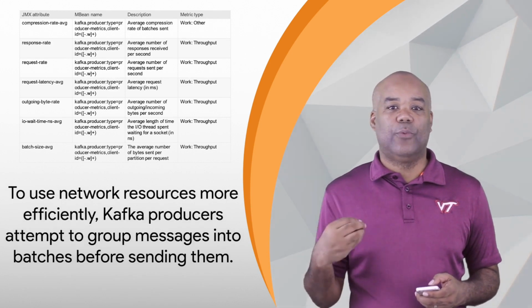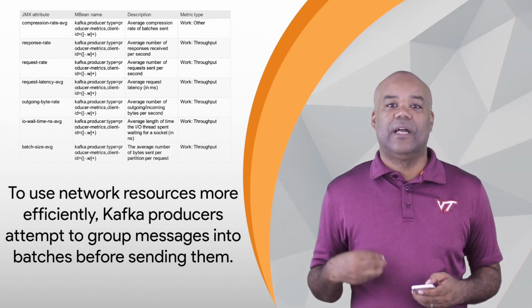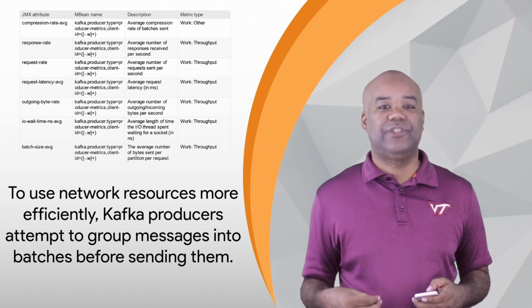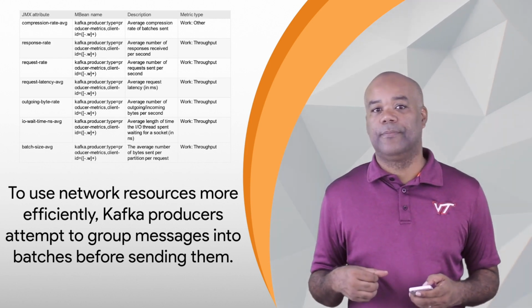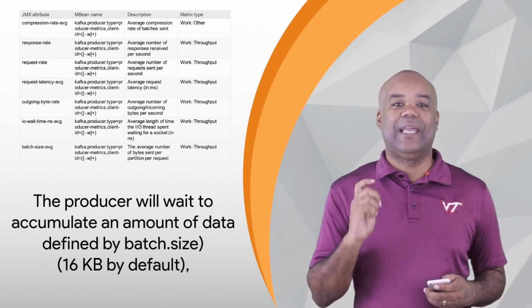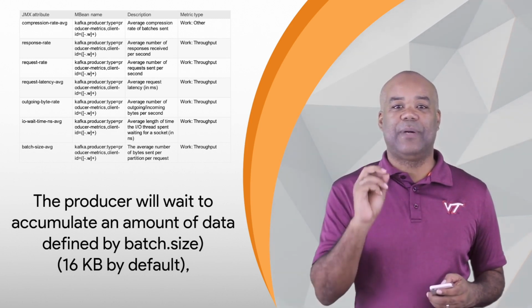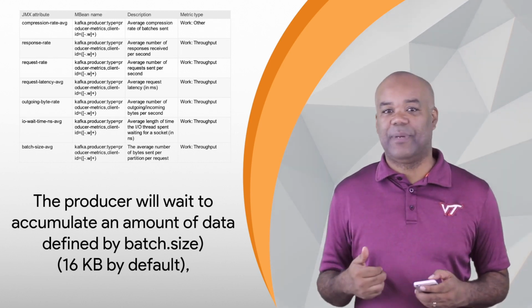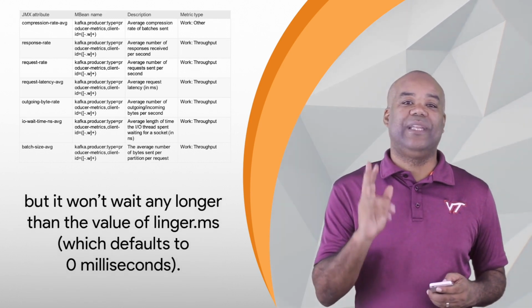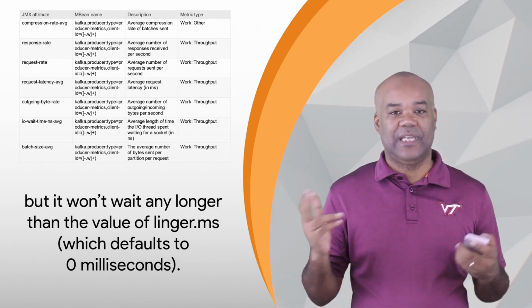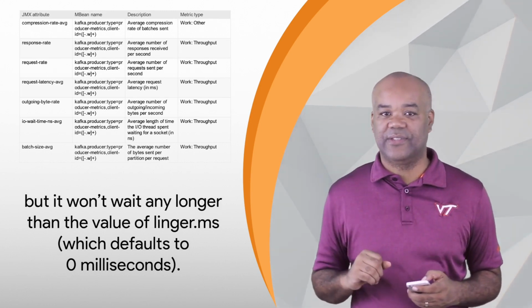To use network resources more efficiently, Kafka producers attempt to group messages into batches before sending them. The producer is going to wait to accumulate an amount of data that's defined by the batch size. And the batch size is 16 kilobytes by default, but it will not wait any longer than the value of linger.ms, which again is defaulted to 0 milliseconds.